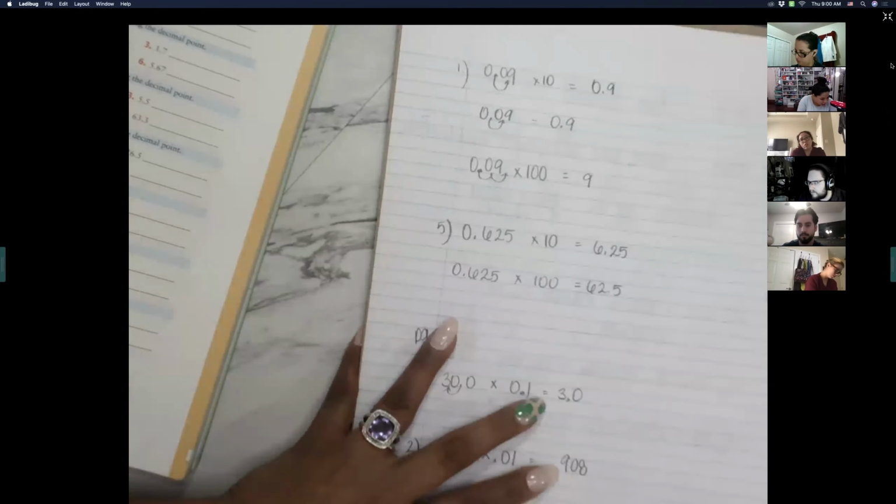So, last 2 sections of this chapter. Okay, we're still on page 43. We are converting fractions. We're converting these and we're rounding to the nearest tenths place.